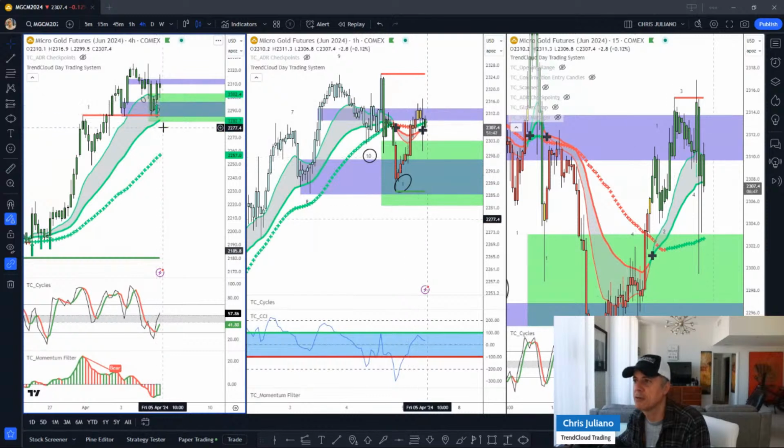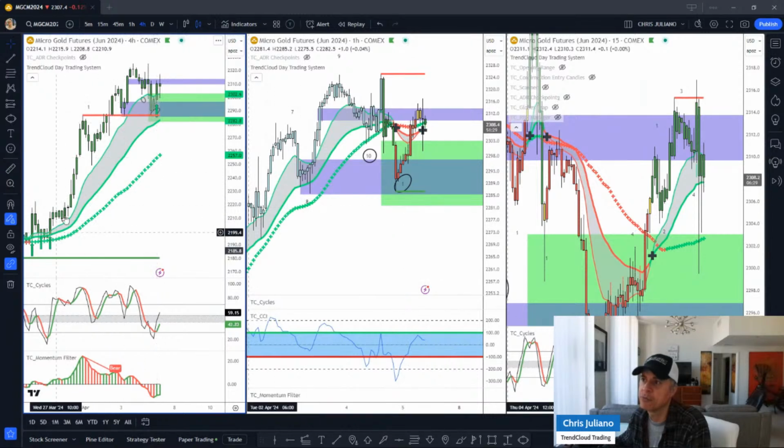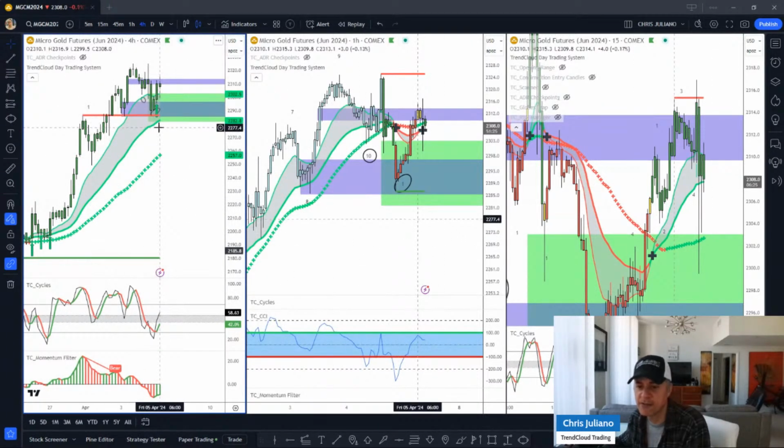Pulls back. This is going to become the second wave when that CCI indicator starts to break above that middle shaded area. Okay, that's when the algorithm paints the 2. All right, so 1, 2, very early in this high time frame trend.